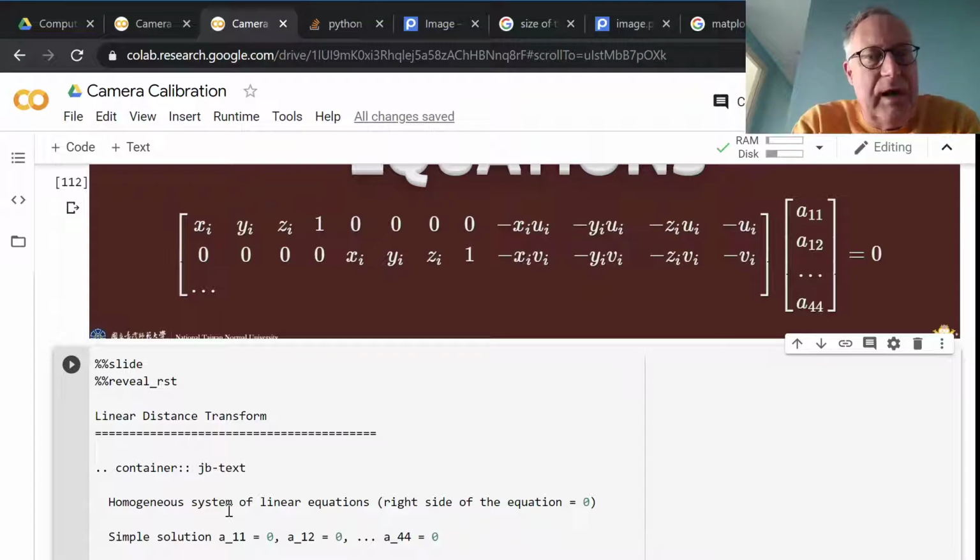Clearly, if I have a solution, A11, A12, let's say 2, 7, so on and so forth, some numbers, then any multiple of that must also be a solution, because if A11 up to A44, some numbers multiplied through that matrix add up to 0, then 2 times that number must also add up to 0, right? So the solution is not unique anymore.